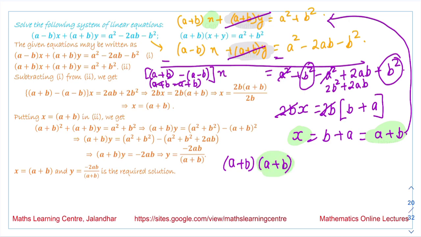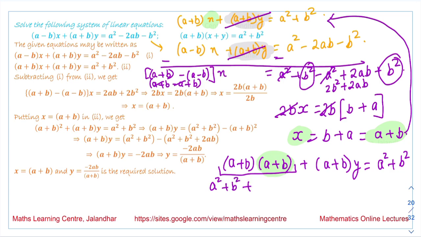So the answer we get, it is plus (a plus b) into y, that is equal to a square plus b square. When we multiply these two terms, we get a square plus b square plus 2ab plus (a plus b) times y equal to a square plus b square.